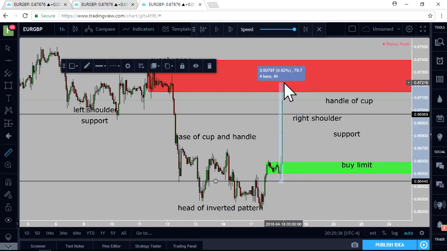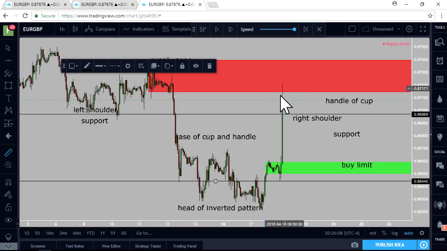And look at this. Your target was right here at the supply zone. And you see the immediate reaction from the market once it came to that zone. Okay? You see the immediate reaction when the market came to that level. Can everyone see that? Perfect.